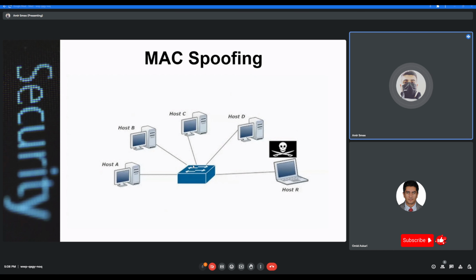MAC spoofing can be achieved through various means, including using software tools to modify the MAC address of a network interface or by exploiting vulnerabilities in network protocols to manipulate the MAC address information. It's important to note that while MAC address changes can be used for legitimate purposes, such as troubleshooting or testing network configurations, it's often associated with unauthorized and malicious activity.